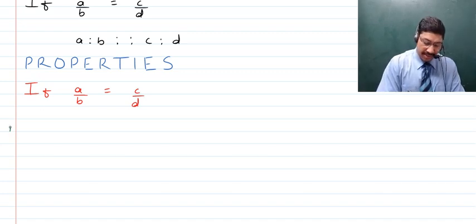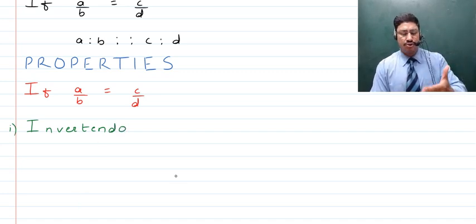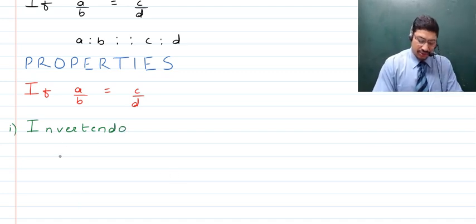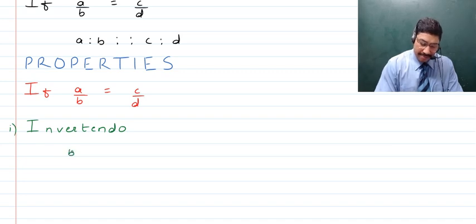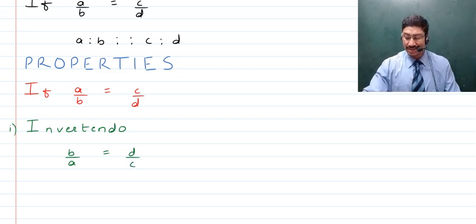The first property is invertendo. In that, as we already have A upon B to be equal to C upon D, if we can say B upon A to be equal to D upon C, then this actually is invertendo.